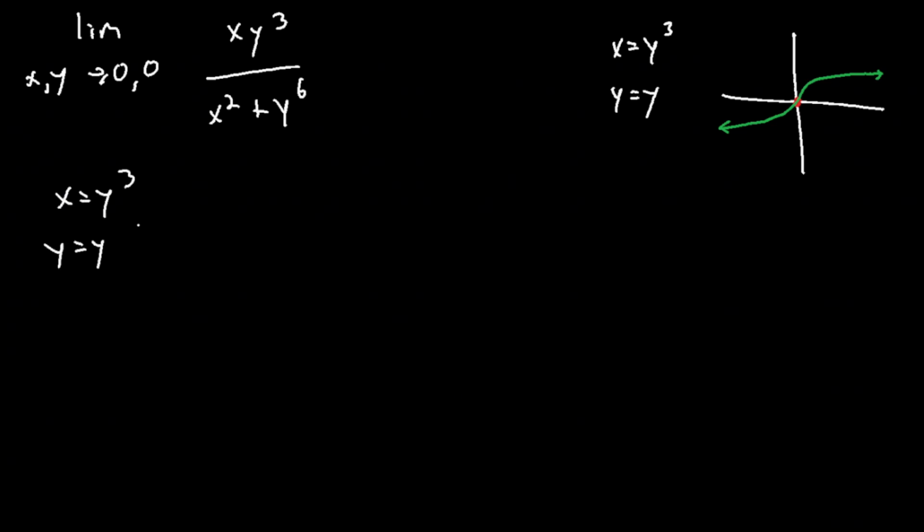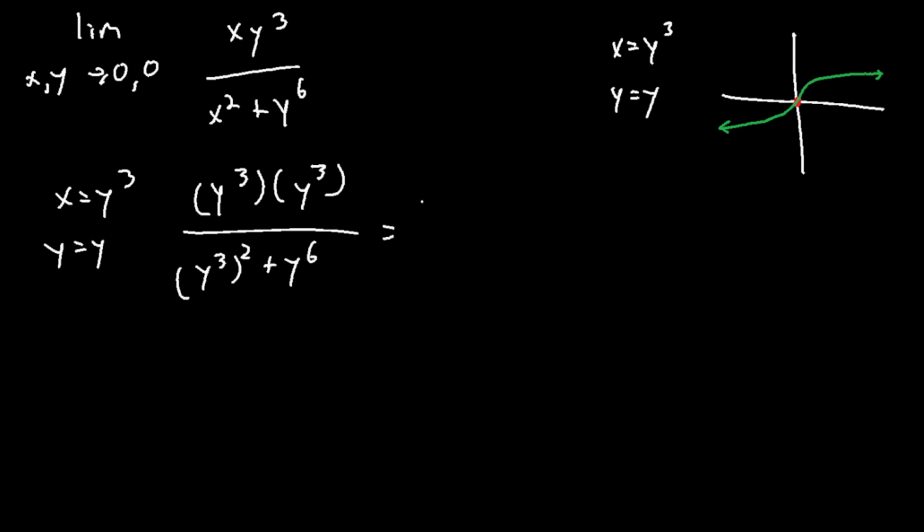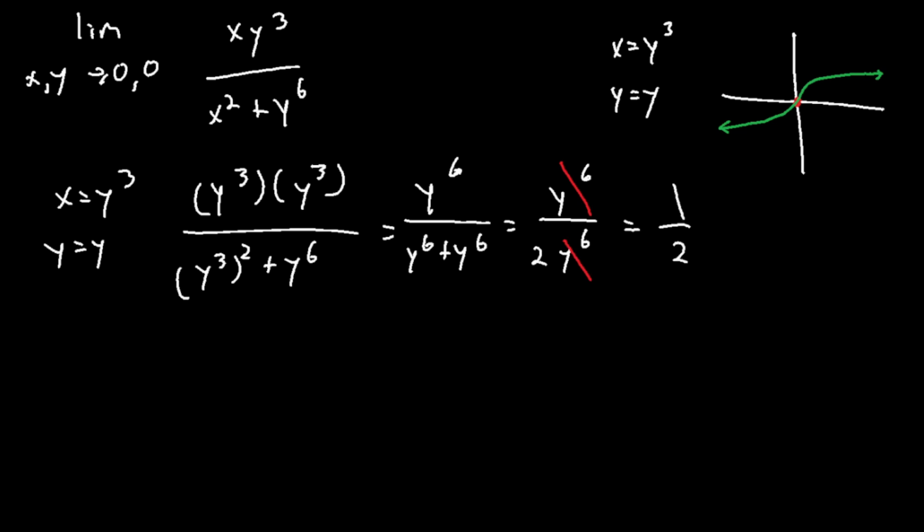Well, if y is equal to y, and x is equal to y to the power of 3, you get y to the power of 3 squared plus y to the power of 6, which is equal to y to the power of 6 over y to the power of 6 plus y to the power of 6, which is y to the power of 6 over 2 times y to the power of 6. What you notice is you can actually factor out y to the power of 6 to get 1/2. So if you're approaching along this path, the limit is equal to 1/2.